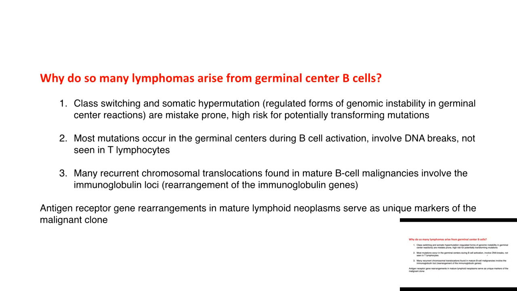Why so many lymphomas arising from the germinal center B cells? One of the reasons seem to be that in the germinal centers there's a lot of class switching and somatic hypermutation going on. But because these processes are mistake prone, the risk of a transforming mutation is much higher.